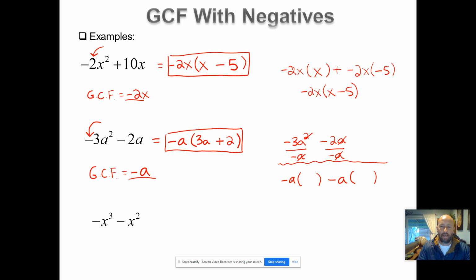So I've got negative a, and I want to get negative 3a squared. So I would multiply by 3a, because negative a times 3a is negative 3a squared. And then I have this negative a, I need to multiply by something in order to get negative 2a. Well, that's just 2.